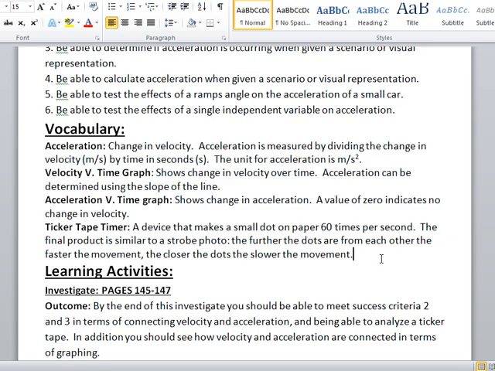This is very, very similar to the idea of distance and time. Okay, just like in velocity, the longer the distance, the faster it's going. Now, if that distance is increasing between those dots, then we know that there is acceleration.